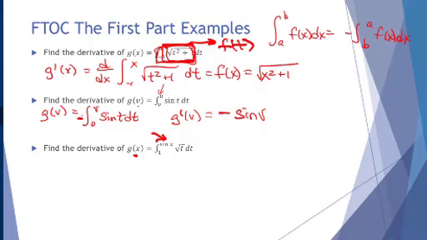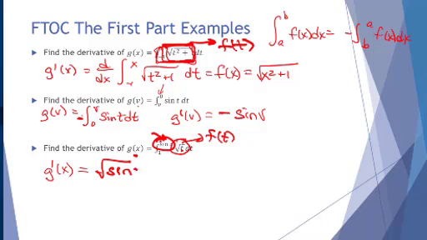So what we'll have is g prime of x equals. So what we're going to do is take the derivative of the outside function, meaning the derivative and the integral are going to cancel each other, and we're going to have the inside function, which is that f of t. So this f of t is the square root of, and then we change the input from t to our input.